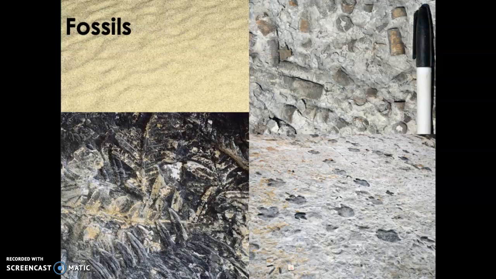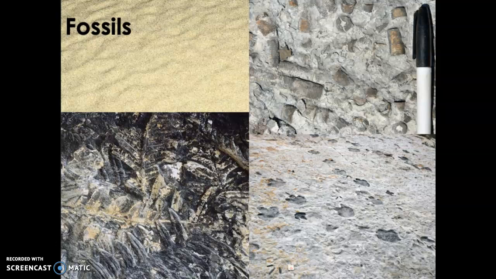Like I said, and you can see on the slide, we can find softer materials if the conditions are right. But it's a little more likely to find something if there are hard parts. You'll notice in the upper right-hand corner, those crinoid stem fragments are fragments. They're broken up. So whatever environment they were in was a little bit rough on the organism after it died. But because it had some hard parts, those are preserved.